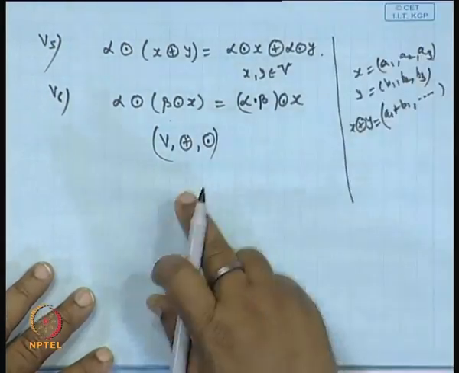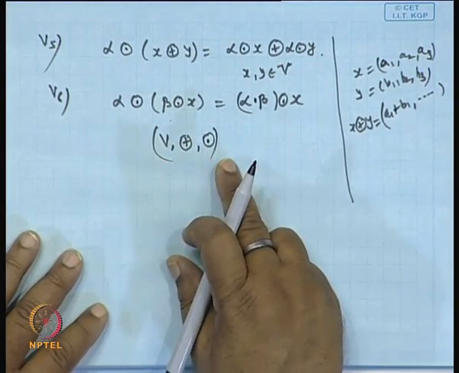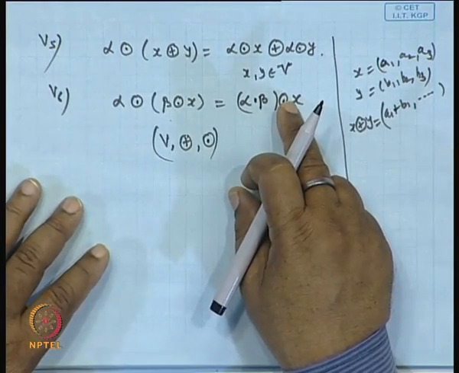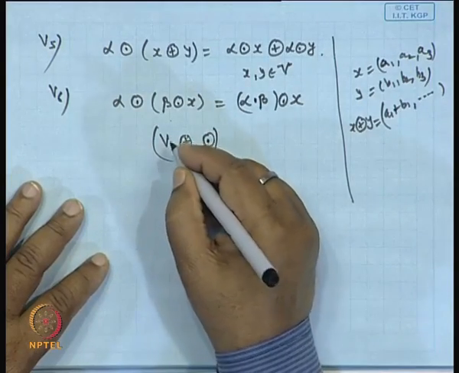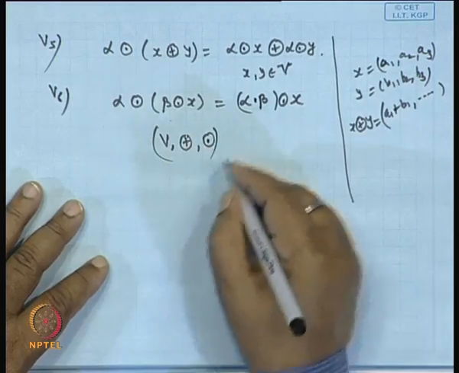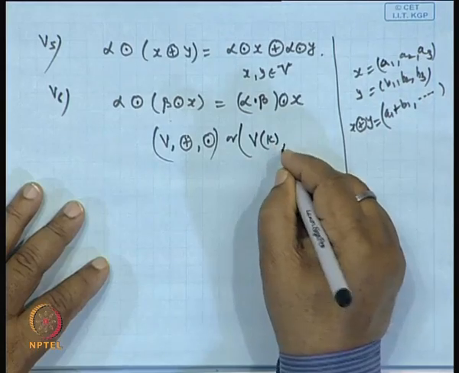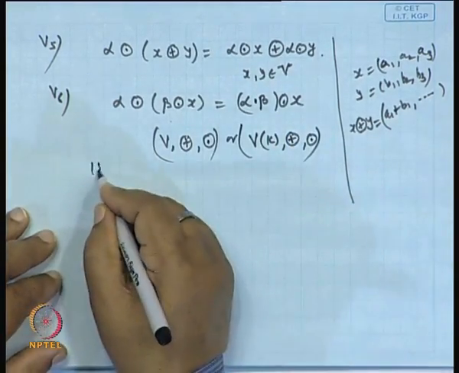So, if a class V, under the addition and scalar multiplication, satisfies these 10 properties, then we say V is a vector space over the field K, and we write this: V over the field K with addition and scalar multiplication is a vector space.